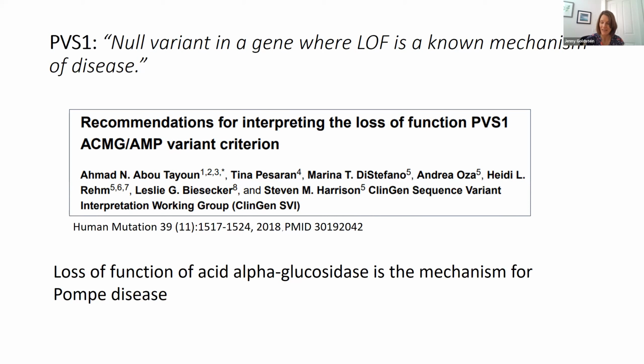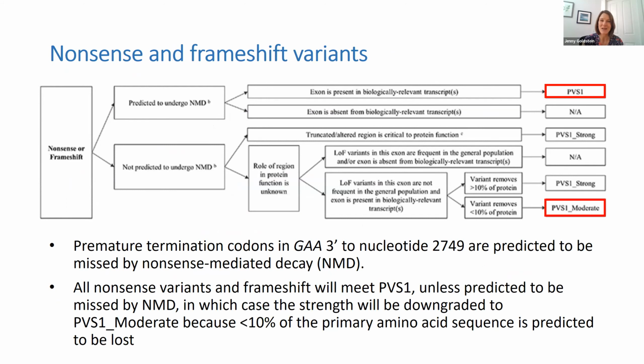If you're familiar with this paper, you'll know there's a big flowchart within it that gives guidance on how to look at different variants. I'm not going to go through every single PVS1 evidence that we use, but just to talk a little bit about this, for nonsense and frameshift variants, we set our cutoff at base 2749, which is about 50 base pairs into the penultimate exon, from the 3' end.